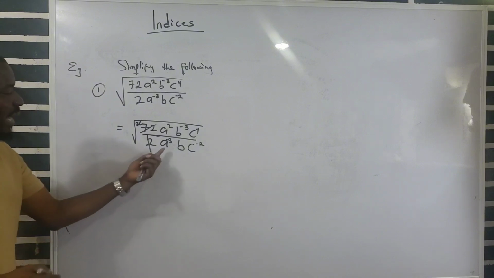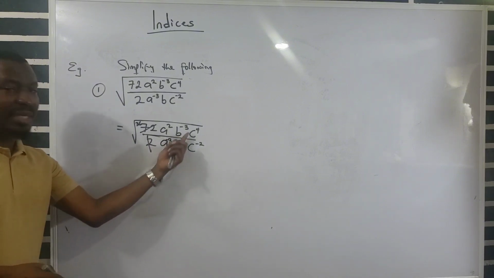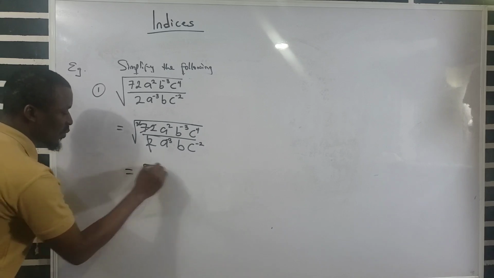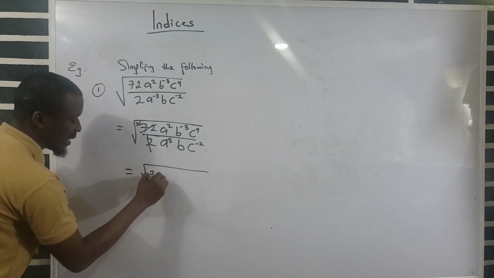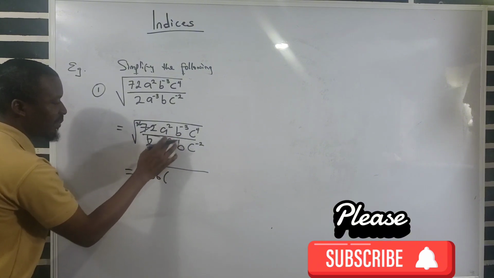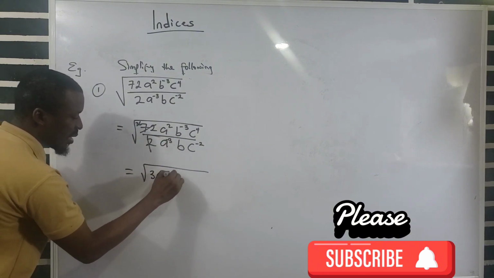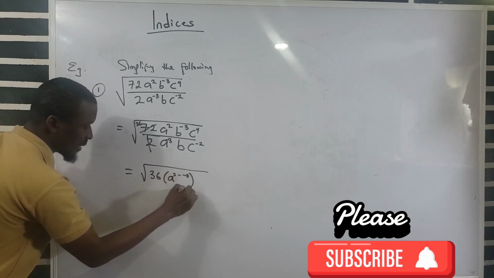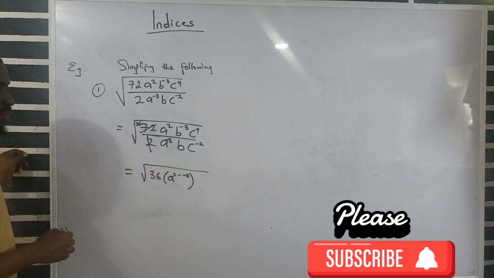Okay, now I can apply law of indices in this particular alphabet. So that will give me square root of 36. Let me take care of A. A will give this divide. So divide means minus. So that will give me A square minus 3. That's my A. Okay.